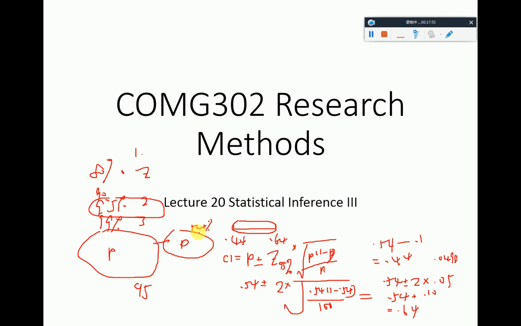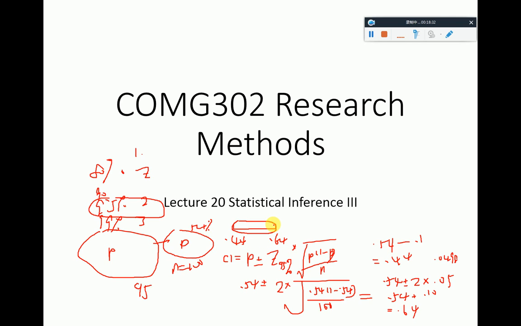But this could be misleading because we know that there are uncertainties about these point estimates. By calculating this confidence interval, based on the size of the sample and the point estimation for the population proportion, we know that the support rate for this political candidate can go anywhere between 0.44 and 0.64, right?